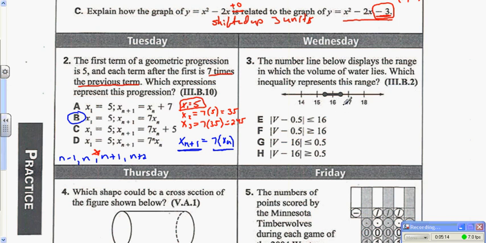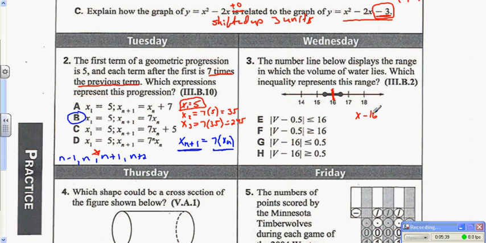Number 3 says, here is a number line displaying the range in which the volume of water lies. Which inequality represents this range? Now, first of all, notice where it's centered, at 16. By taking x and subtracting 16, it shifts a point on an x-axis to the right 16 units.